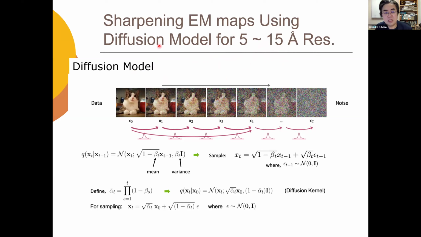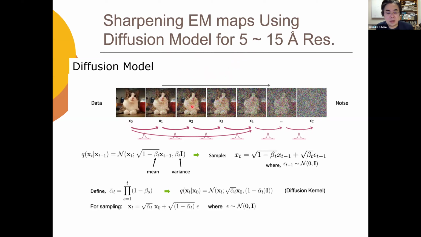A diffusion model is a deep learning method in the category of generative models, and it is a method used in DALL-E or Midjourney, which make artificial images. We can use such a diffusion model also to sharpen the image of the CryoEM map.